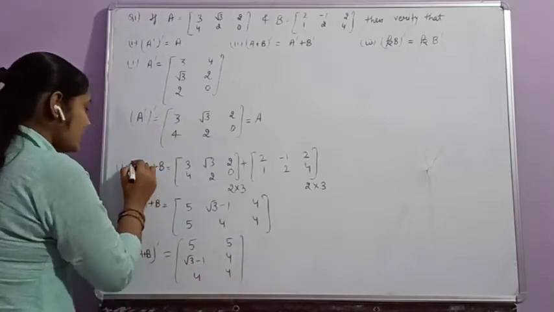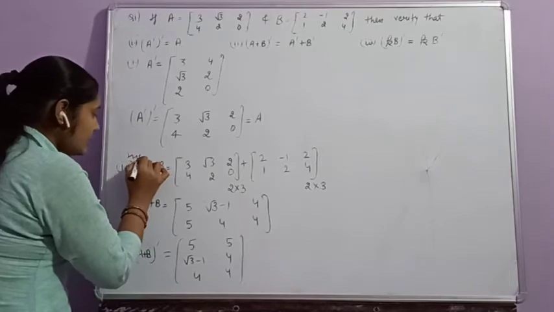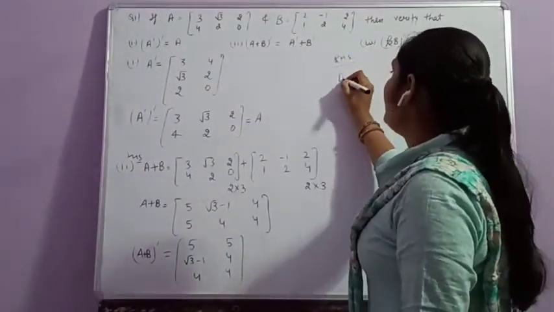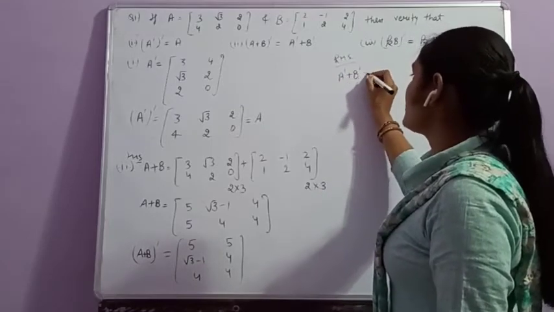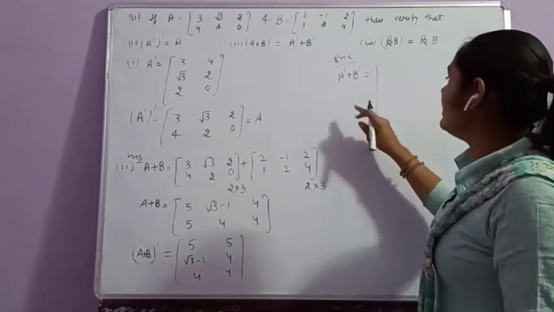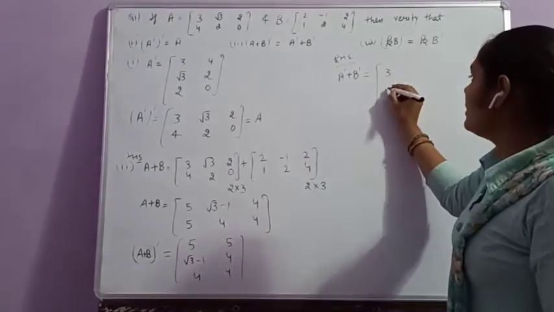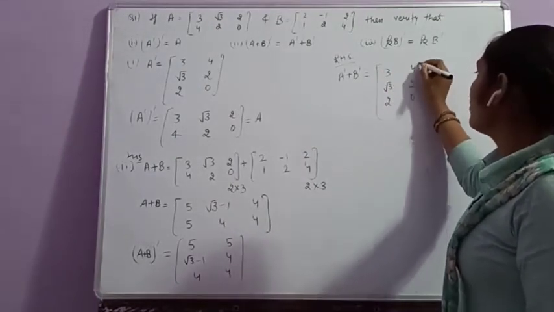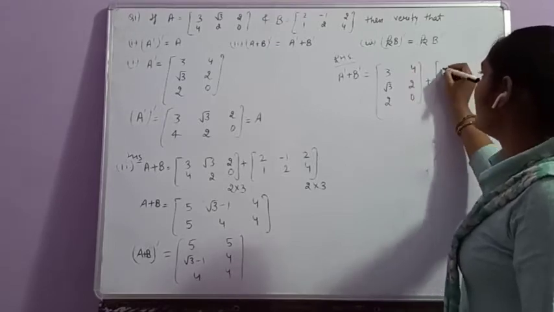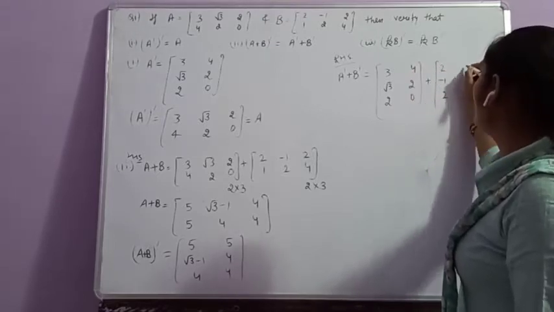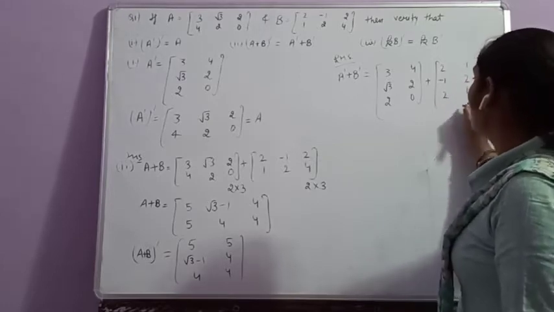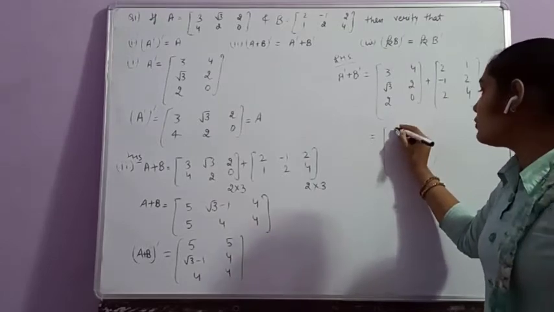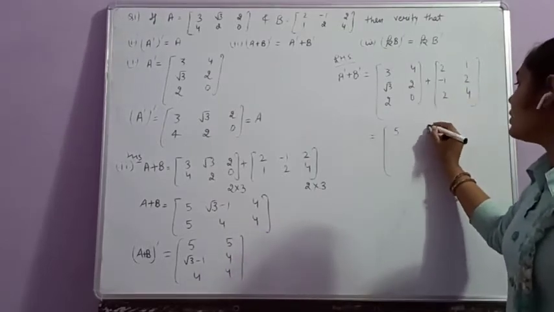Now we can take its right hand side. That was the left hand side. Right hand side is A transpose plus B transpose, that is equal to, firstly we find the transpose of A, that is [3, root 3, 2; 4, 2, 0] plus B transpose, that is [2, -1, 2; 1, 2, 4]. Now we can add these two matrices. 3 plus 2 is equal to 5, 4 plus 1 is equal to 5.